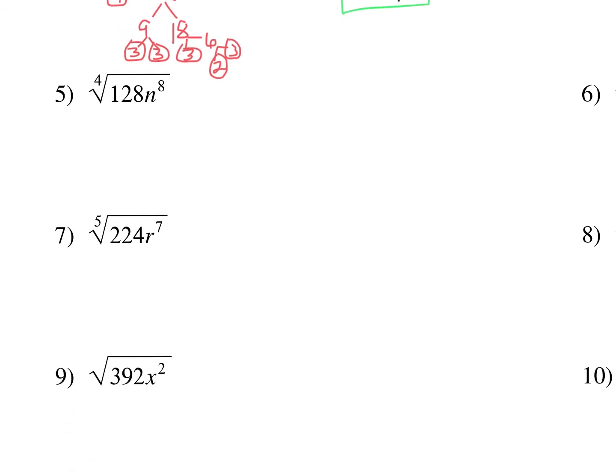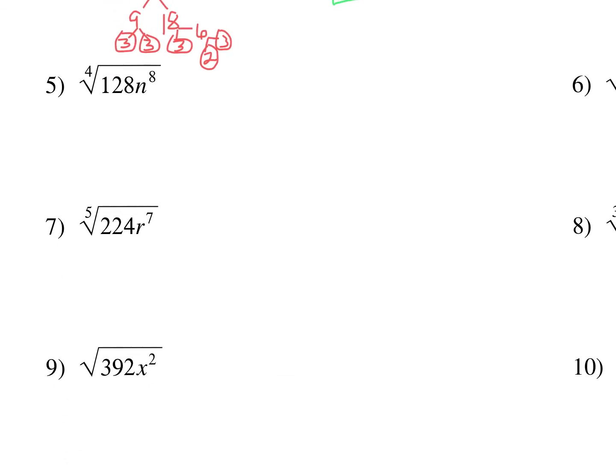Now we have a fourth root. So I'm going to prime factor the 128. And I know this time that 4 goes into 128 off the top of my head. So 4 goes into 12 3 times, 4 goes into 8 twice, 4 is going to be 2 2s, and then 32 is going to be a 4 and an 8.